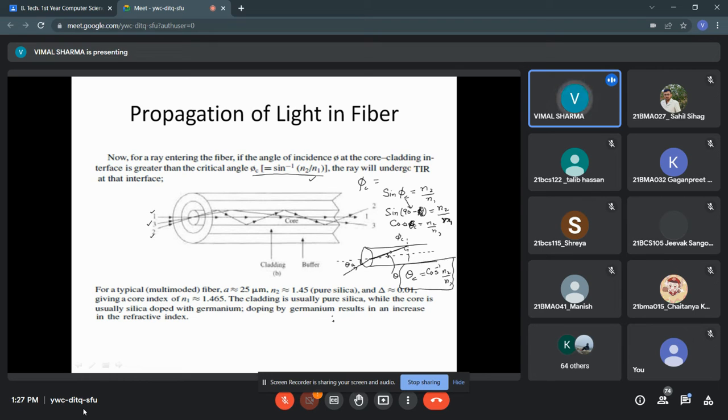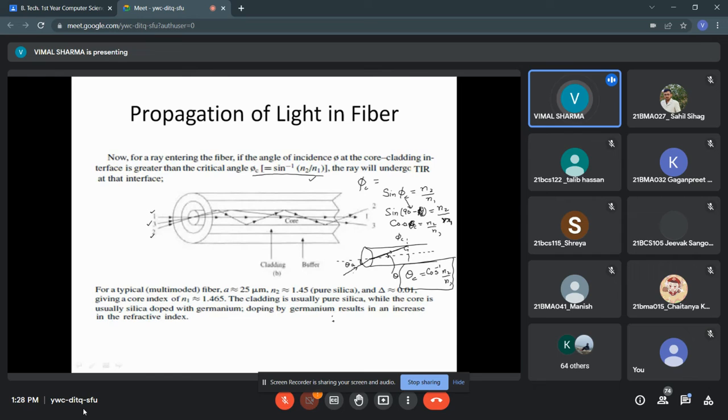So we can say that the ray which just fulfills the condition of total internal reflection, or the ray which is launched at acceptance angle, makes angle cos inverse n2 over n1 with the axis of the optical fiber, and makes angle sine inverse n2 over n1 at the core-cladding interface with the normal.